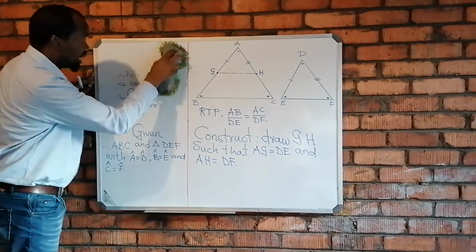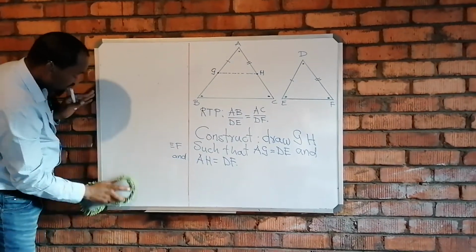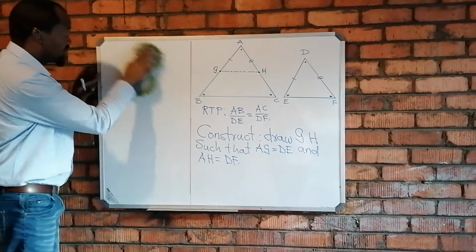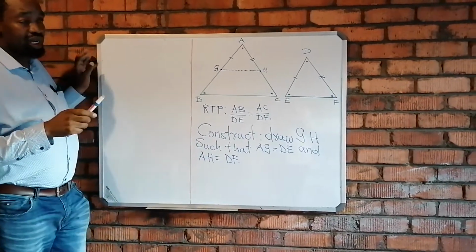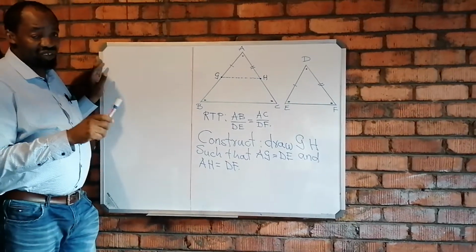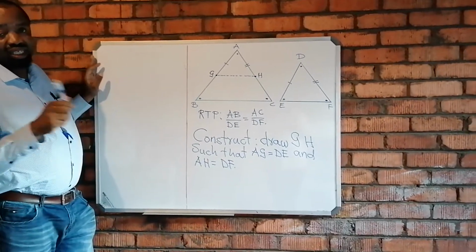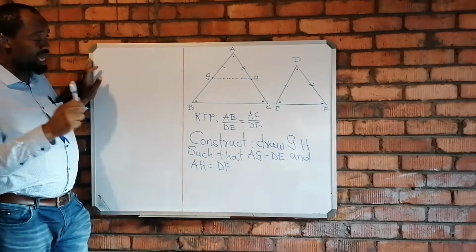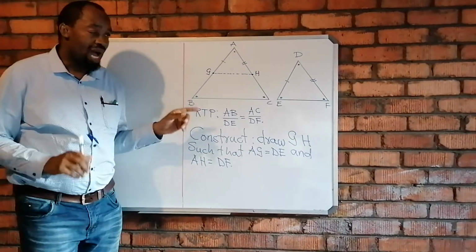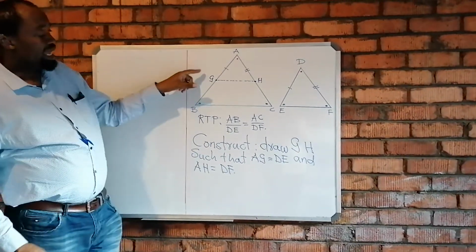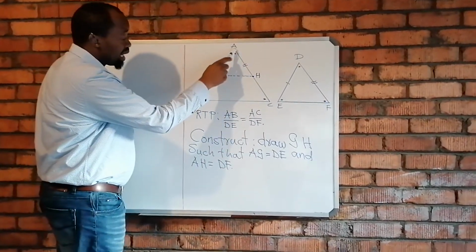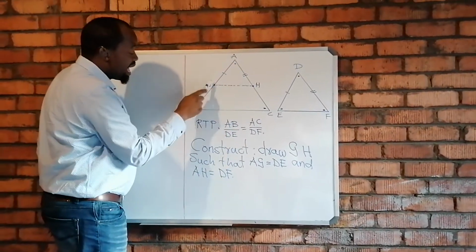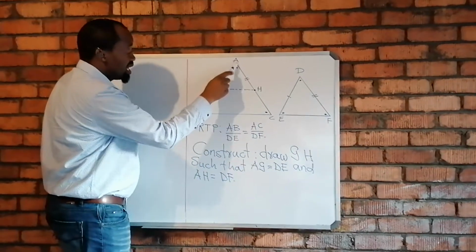Now from our construction, what is it that we can see? If you look at that construction, it has brought back a theorem that we have done in grade 9, 10, and 11. What is that theorem? It is congruency. You look at this triangle AGH.